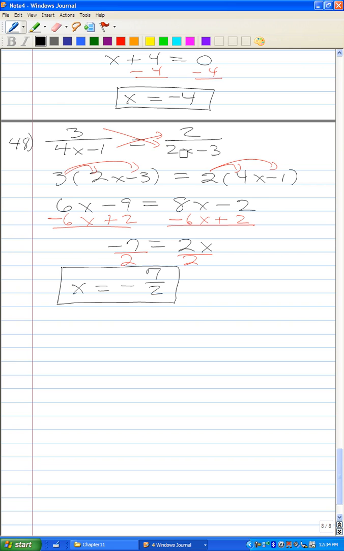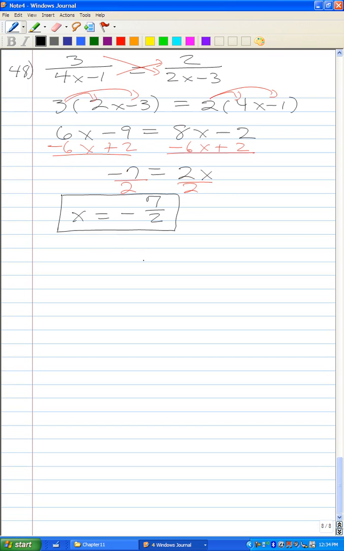Let me do problem number 56. X squared minus 1 over x squared equals 2. Let me solve that. I guess let me get rid of the denominator.